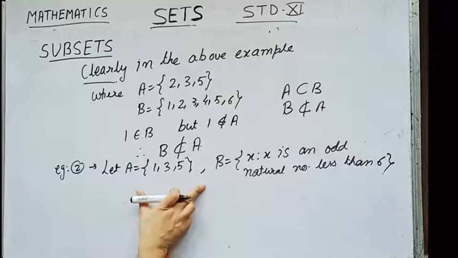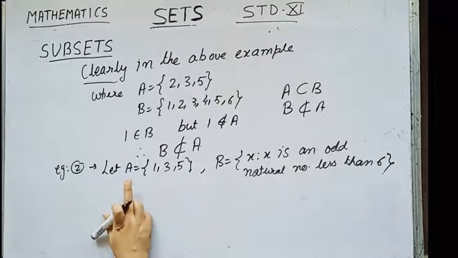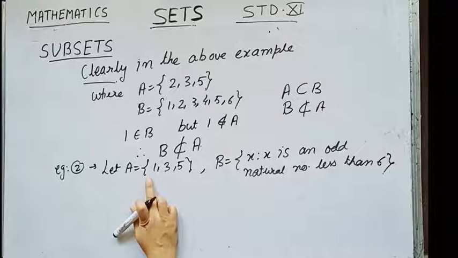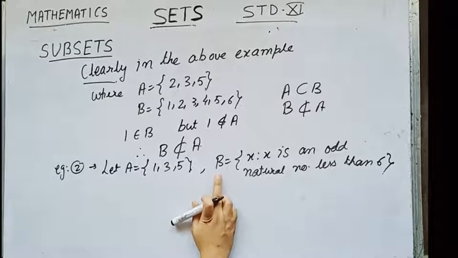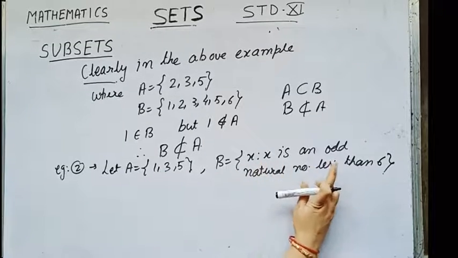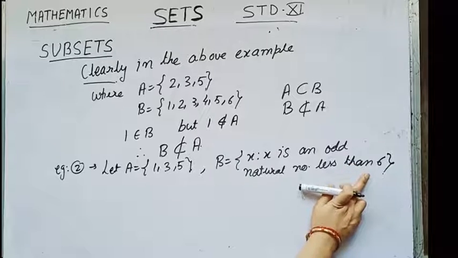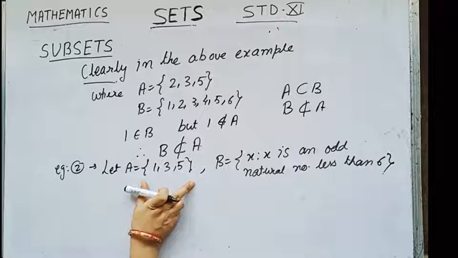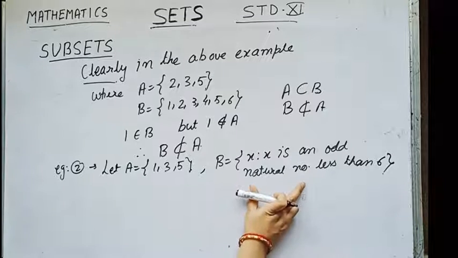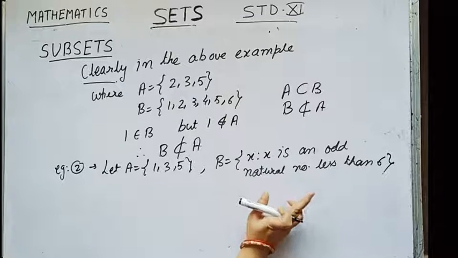Now I am giving one more example. Suppose set A is equal to the set containing the elements 1, 3 and 5 and set B is equal to {x such that x is an odd natural number less than 6}. So obviously elements of set A are 1, 3, 5 and set B is also 1, 3 and 5.